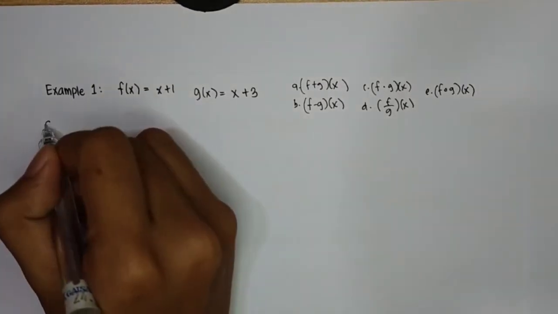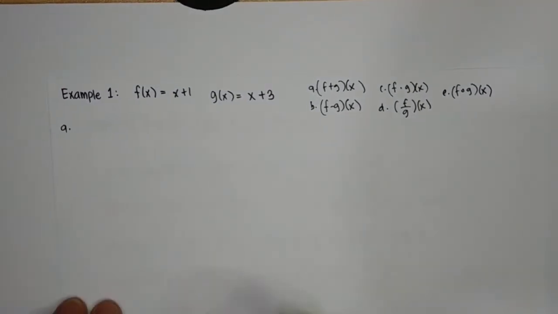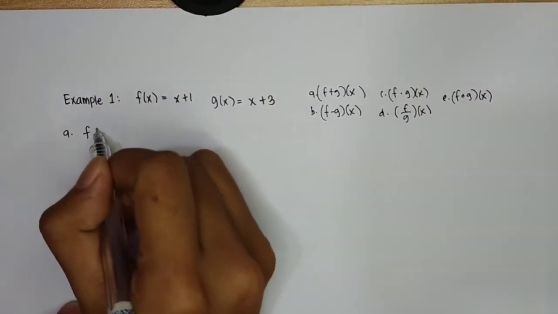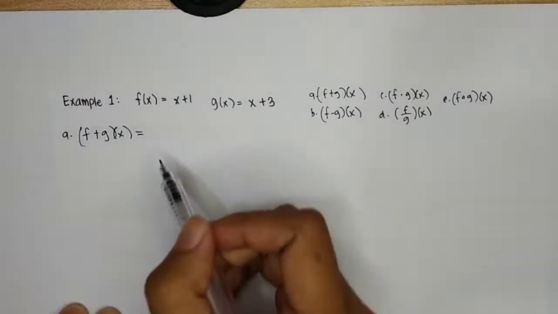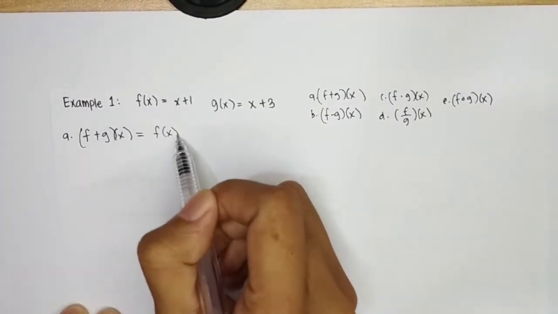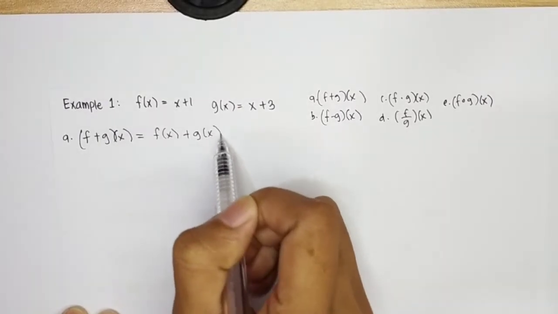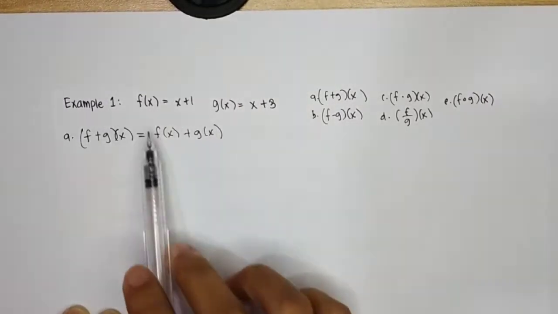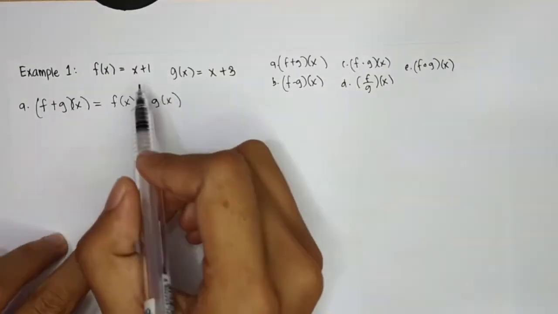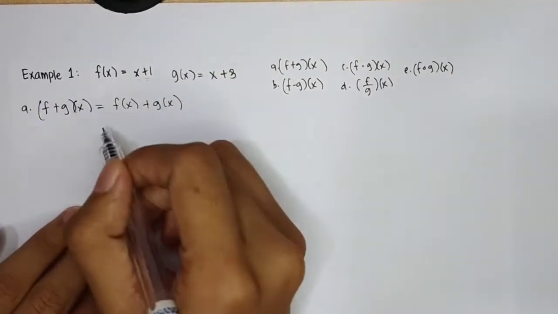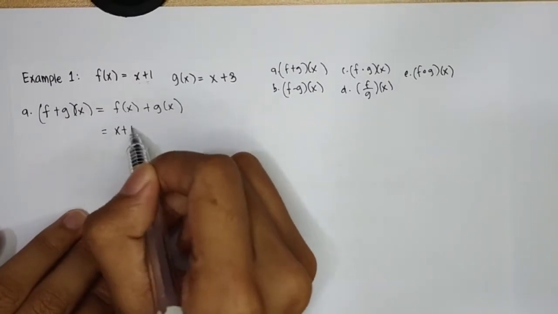Okay, so letter A. We have here f plus g of x. So this will be equal to f of x plus g of x. Based on the given, we copy the value of f of x, that is x plus 1.